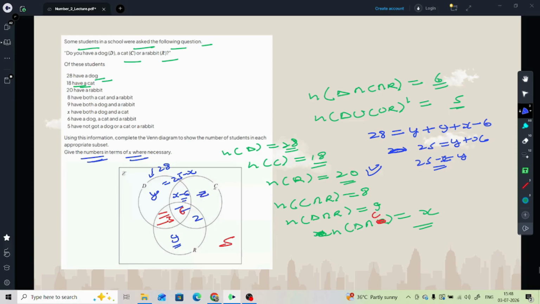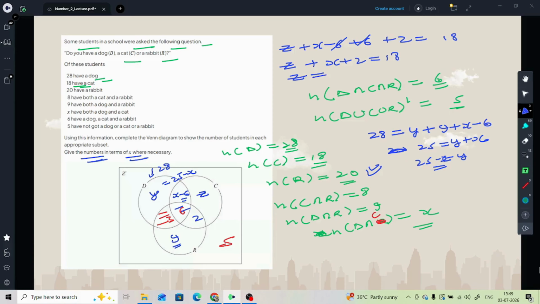Similarly, we can take this as z, and since it is given that the number of elements in C is 18, z plus x minus 6 plus 6 plus 2 should be equal to 18. Ultimately, the minus 6 plus 6 gets cancelled out, so it will be z plus x plus 2 equals 18.